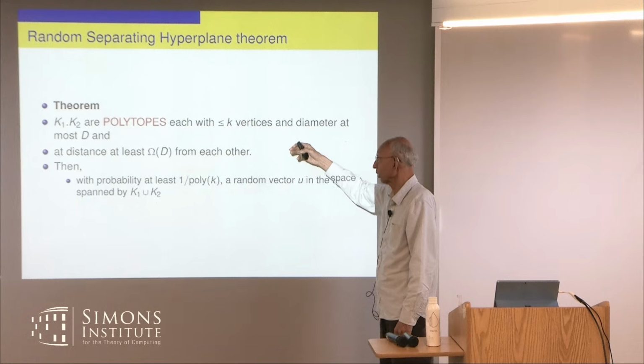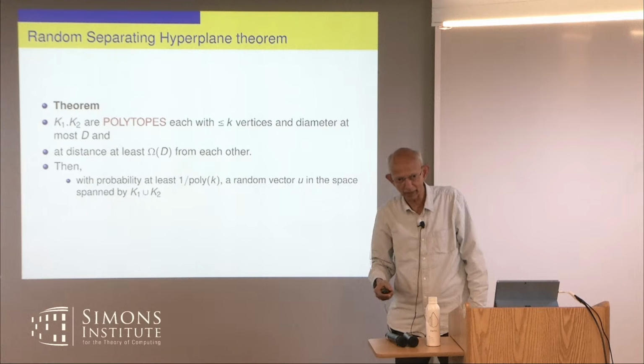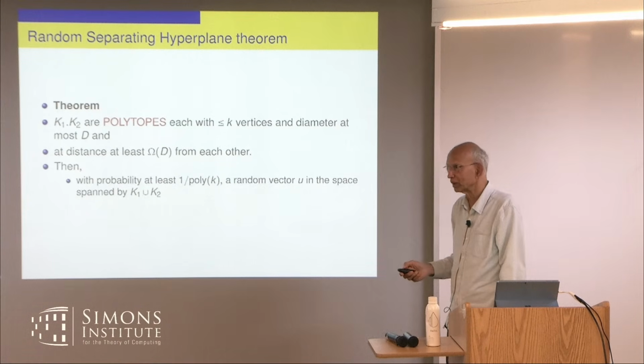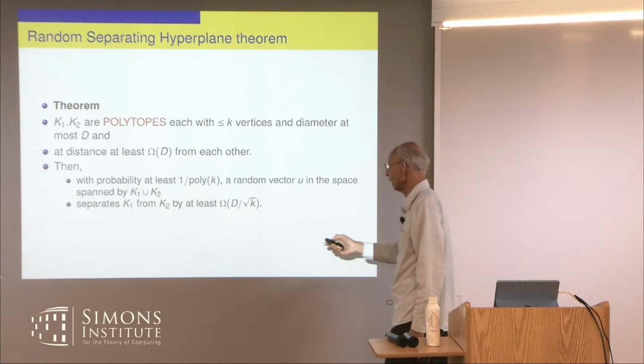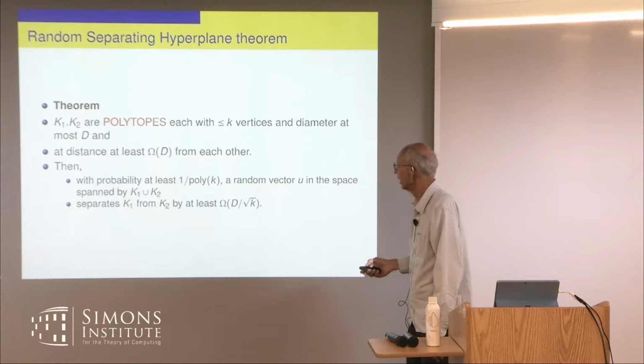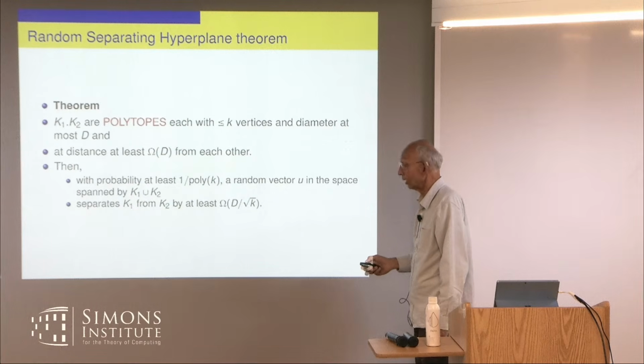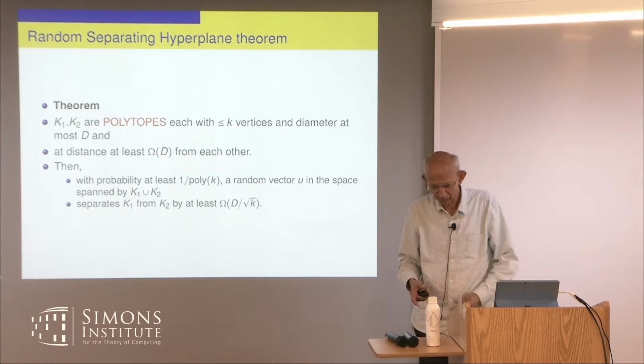This is more general because K2 was a single point there, and now it's a whole polytope. It separates K1 and K2 by at least this distance. Again, this should be root d.